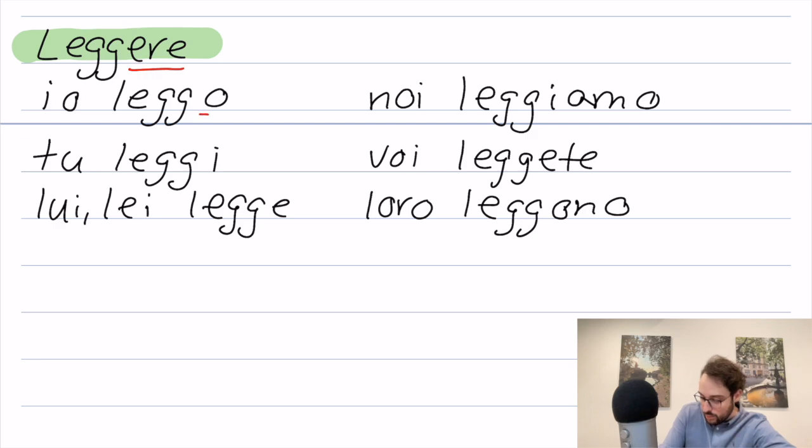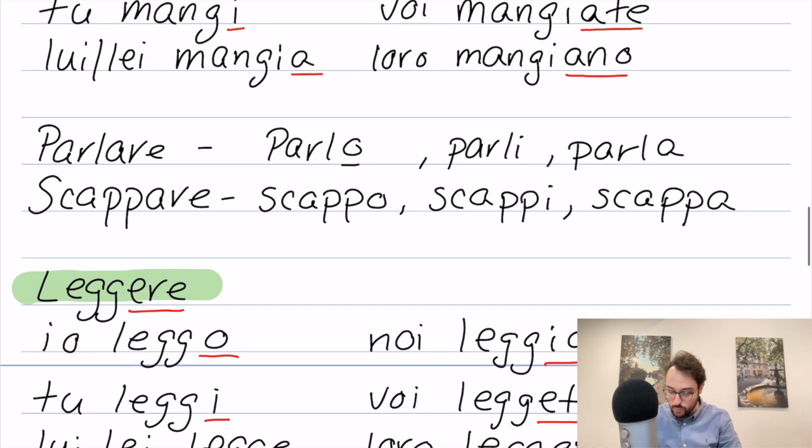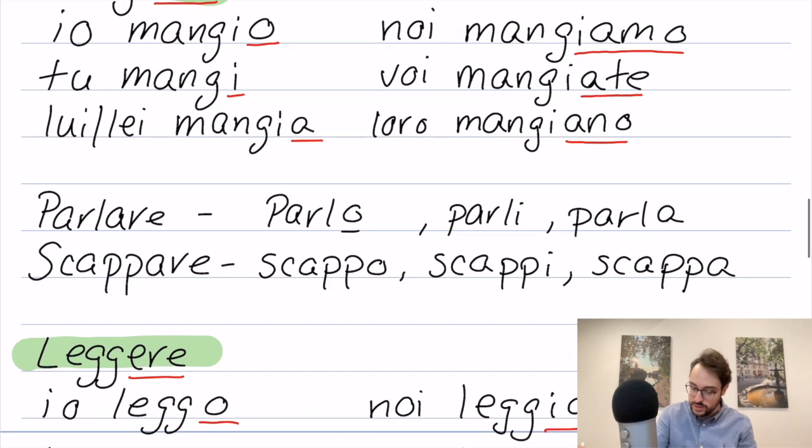So what are our ere verb endings? Io ends in O. Tu ends in I. Lui, lei ends in E. Noi is iamo. Voi is ete. Loro is ono. Now this is very similar to what we did with are verbs. Io mangio ends in an O, io leggo ends in an O. Noi mangiamo ends in iamo, so does leggiamo. There is a lot of crossover.